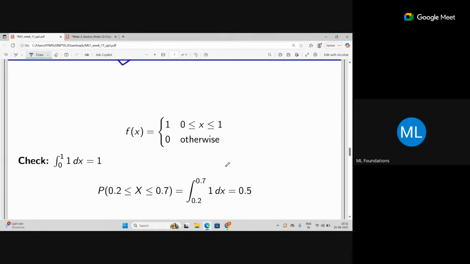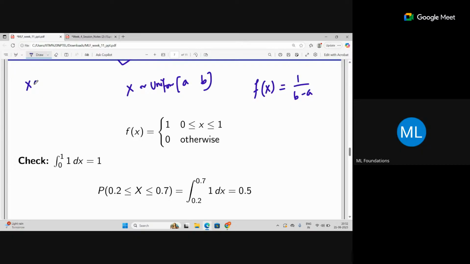In the continuous uniform case, if a random variable x is uniform over A and B, then the probability density function, generally denoted by f of x, will be 1 by (B minus A).